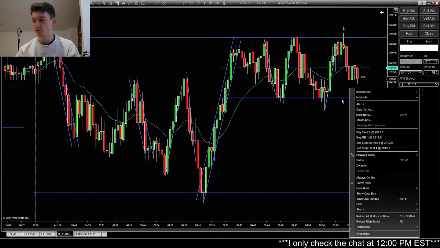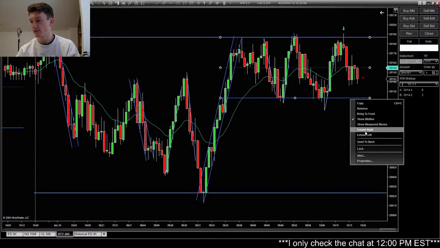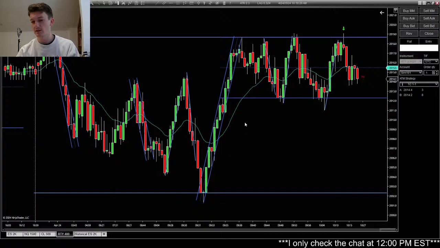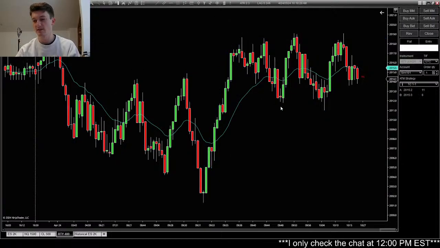I'm liking temporarily hiding all the drawings to just see, okay, do the structures I have on there even make sense?